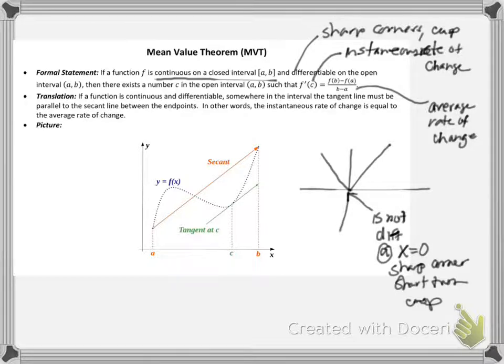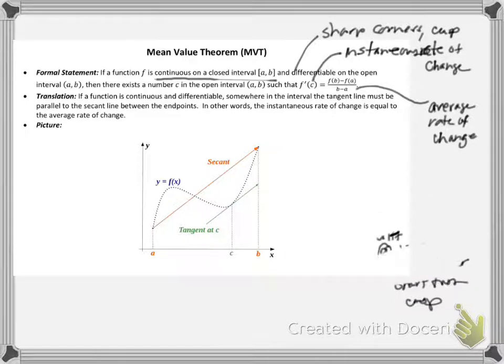So this function would be continuous but not differentiable. All right, so that's an example of that. But make sure you read those questions on Tuesday's exam, so you need to make sure you're looking for continuity in the problem, and also that you're looking for differentiability in the problem. Because if you don't see that, then you can't apply the mean value theorem.